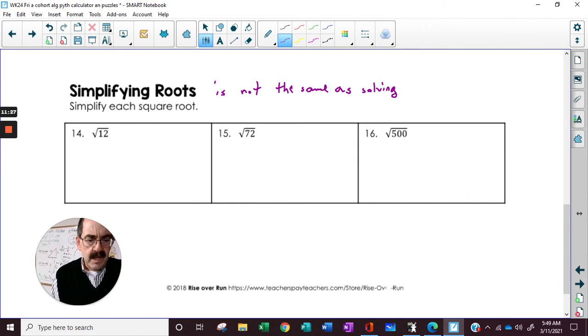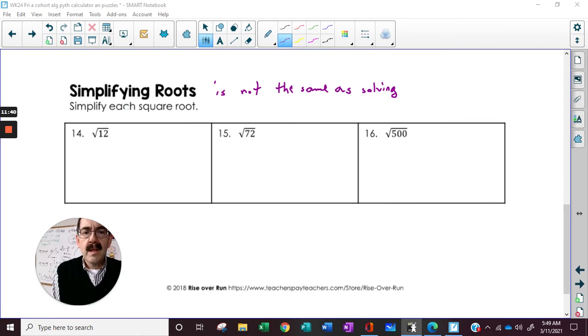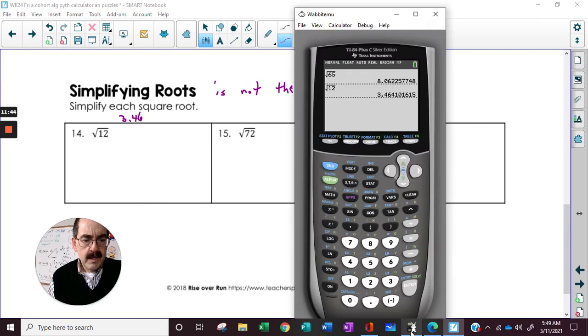If we grab a calculator and go second, square root 12, we get an answer of 3.46. Square root of 72.